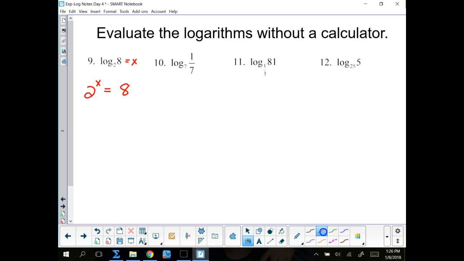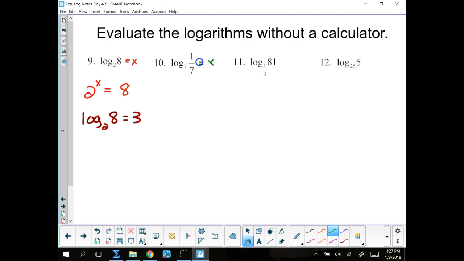What exponent do I put on 2 that gives me 8? A cubit. So that's 3, right? So log base 2 of 8 is equal to 3.